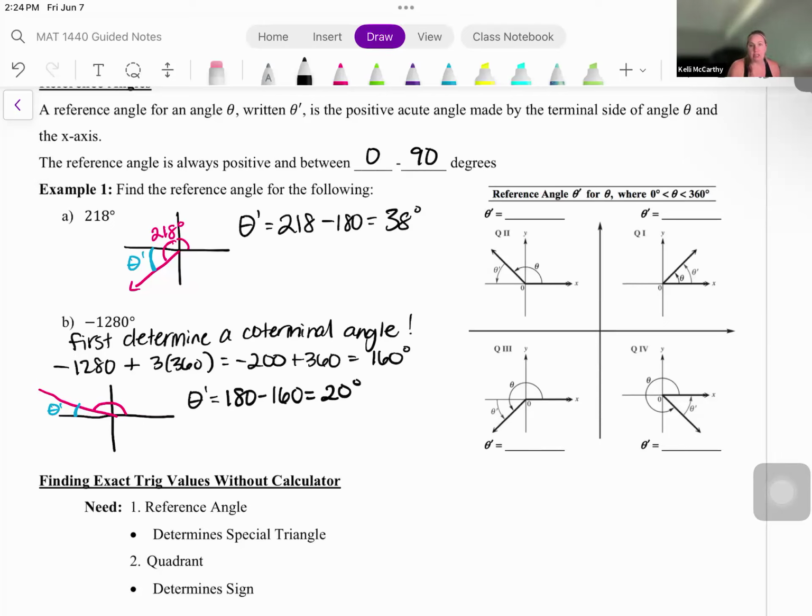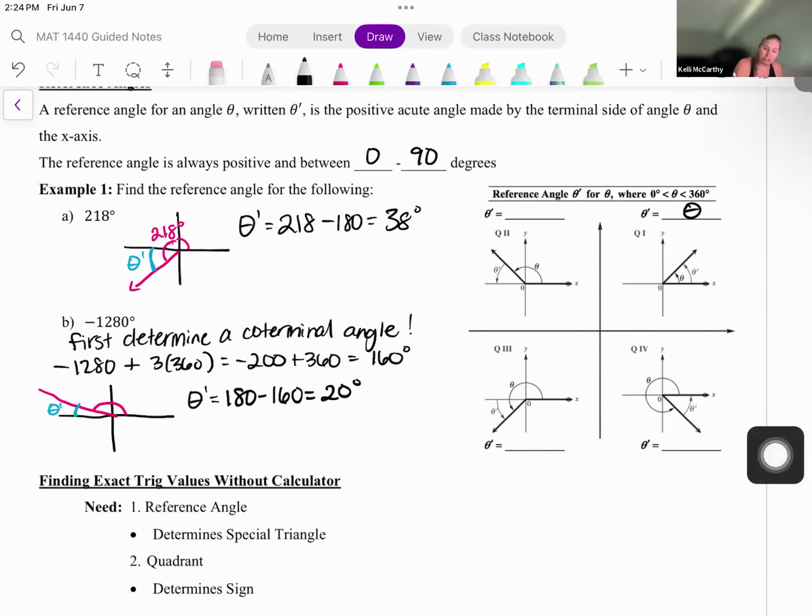This little picture organizes how to find your reference angle depending on where that terminal side is located. I'm going to start with the first quadrant. If your terminal side is in the first quadrant, your reference angle is equal to your angle. They're the same.